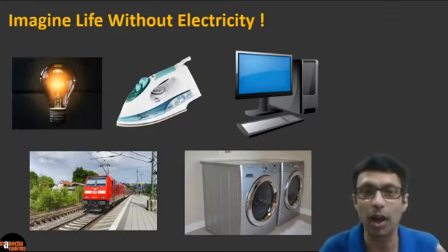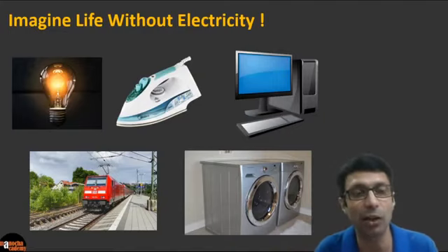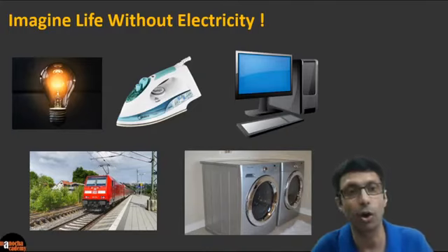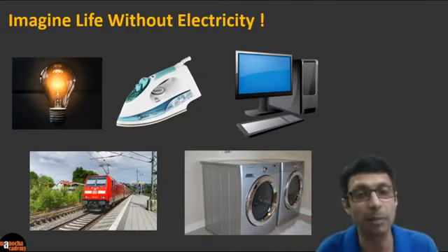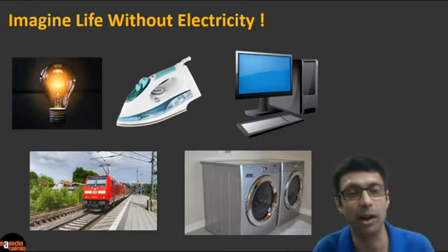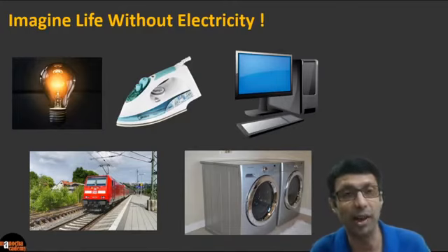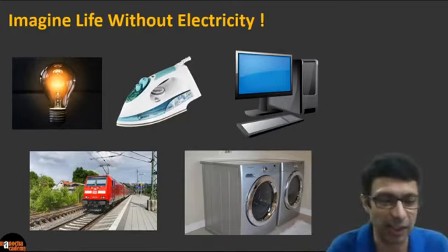There was this cyclone Amphan, and it was a really bad cyclone which was very devastating, and a lot of the electricity in West Bengal and the neighboring state Orissa was cut off, and a lot of people's lives were affected during this time. So without electricity, it's a really difficult life these days because everything runs on electricity.